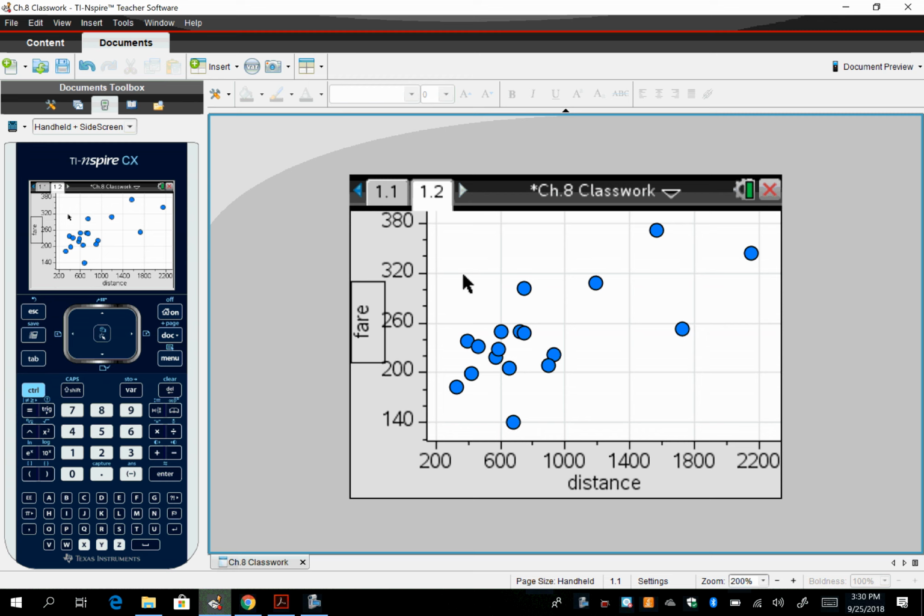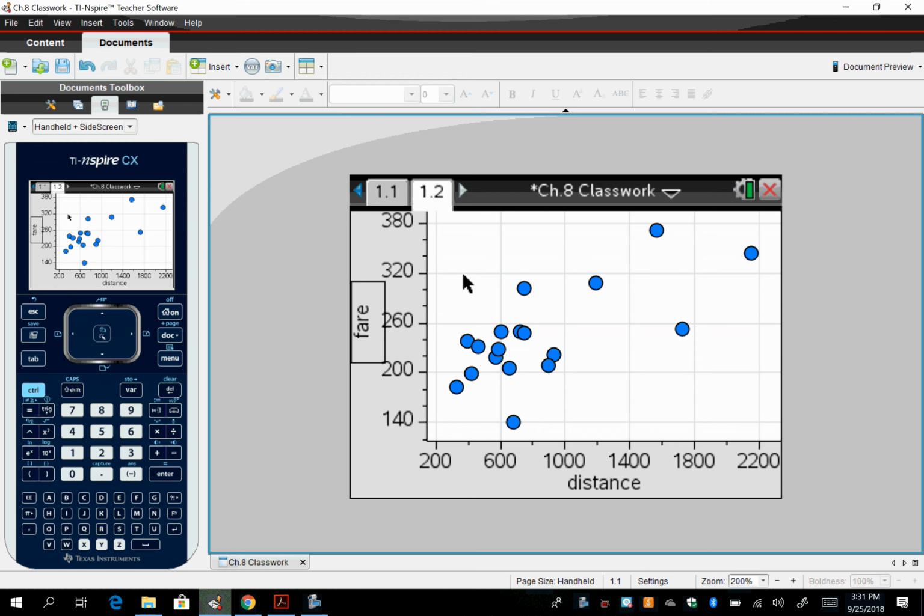Okay? All right. Now, before we do anything with correlation or with our linear regression model, we need to check some things. Do you remember what we need to check? The three things. Outliers. Do we see any potential outliers? Are we worried about any potential outliers?